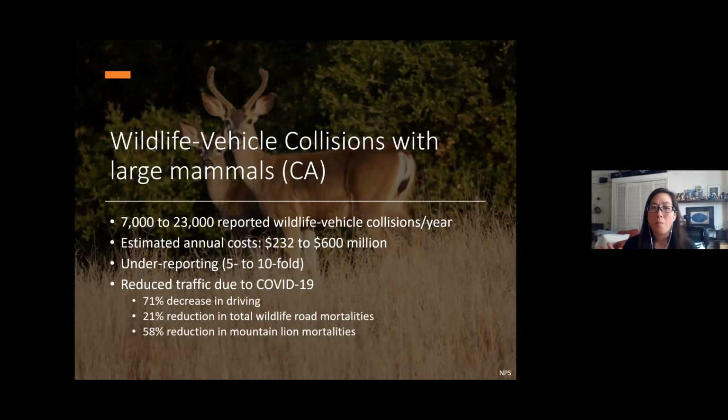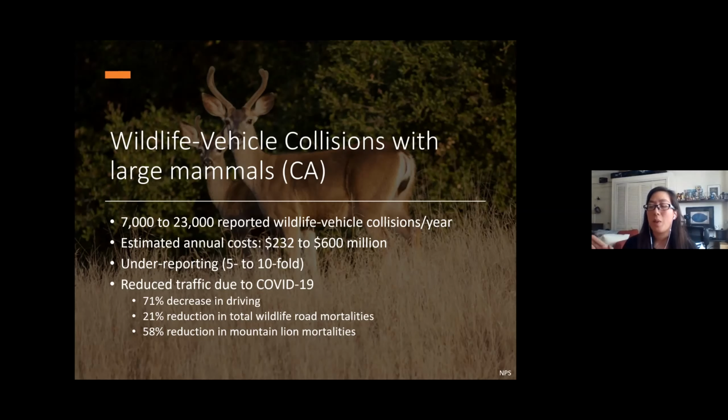So the conclusions of these reports are that they estimate that 7,000 to 23,000 reported wildlife vehicle collisions occur every year in California, and this is only with large animals, right?